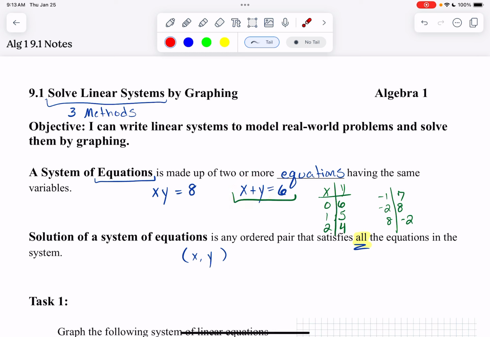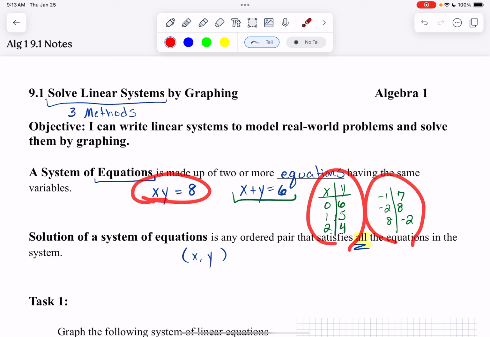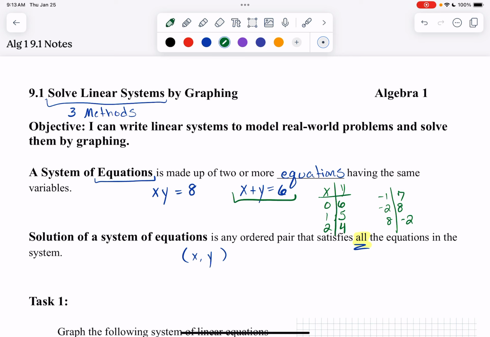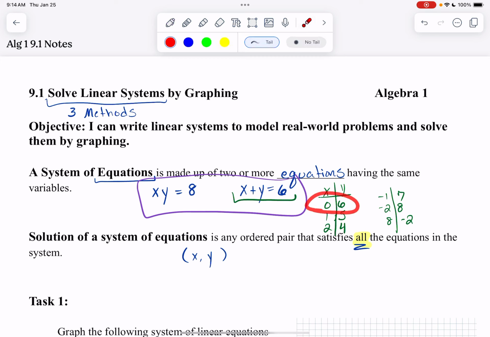But what I'm looking for is also numbers that, in the same XY, I multiply to get 8. So a solution to this entire system would be an ordered pair that works in both of them. Well, 0, 6 works in this one, but 0 times 6 is not 8. 1 times 5 is not 8. 2 times 4 is.